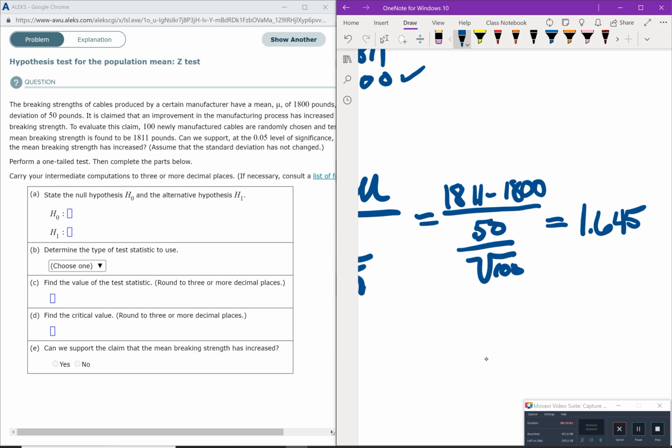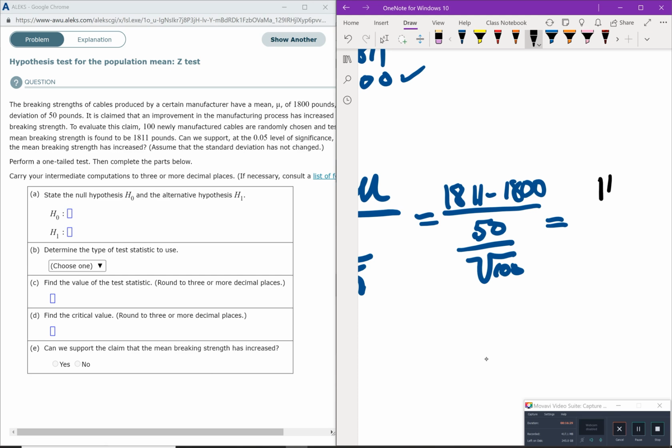Okay, now the critical value. The critical value, no, I'm sorry, this actually is what I calculated for the critical value. Let's do some math here. Grab my trusty little calculator. And so we want to do 1811 minus 1800.